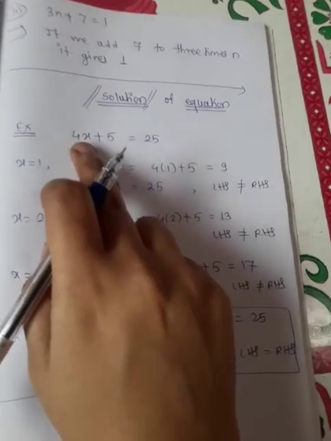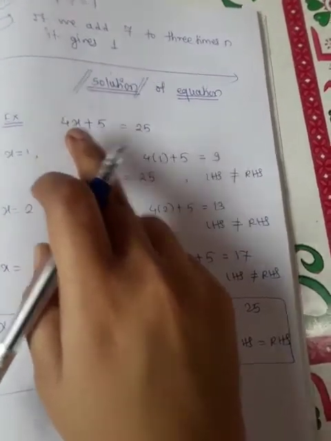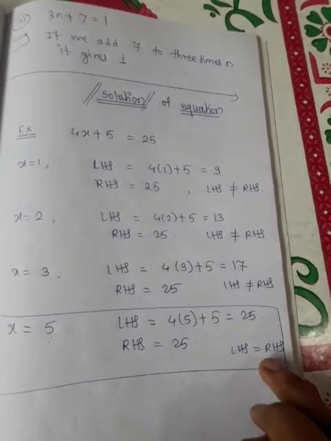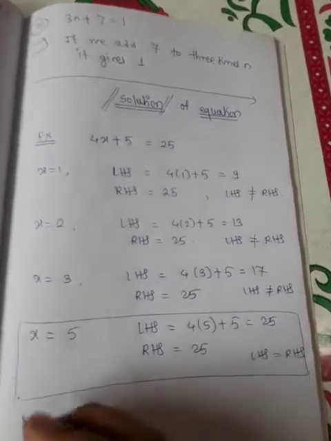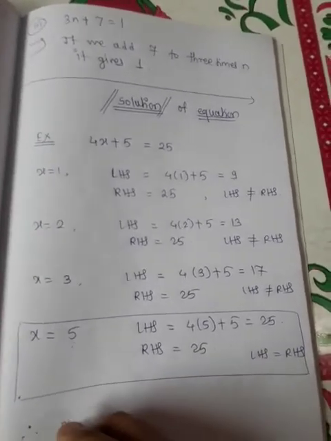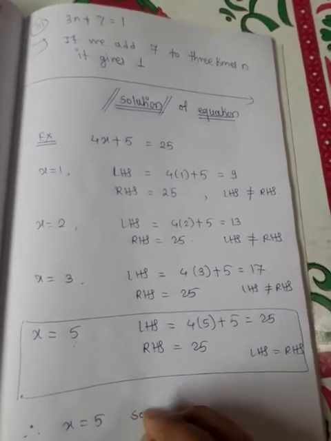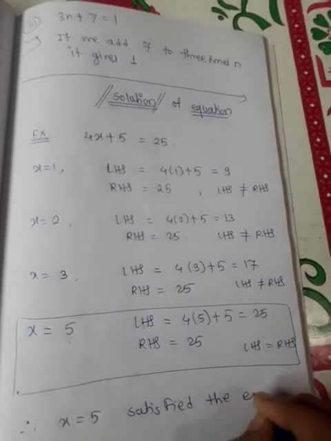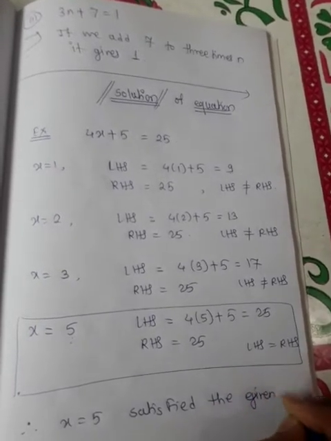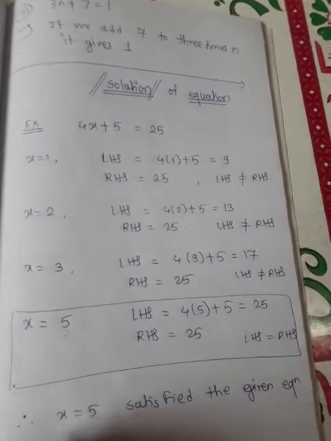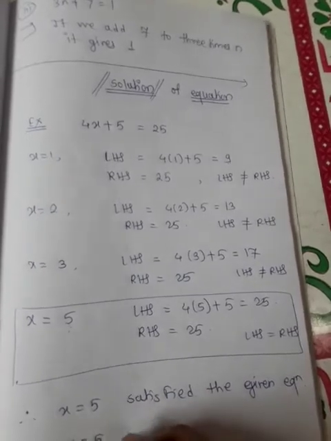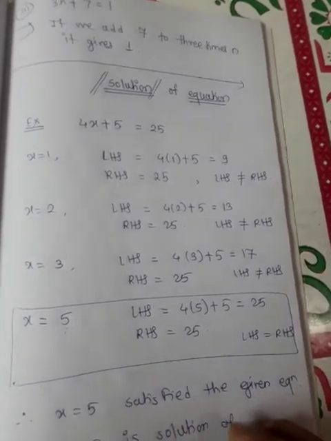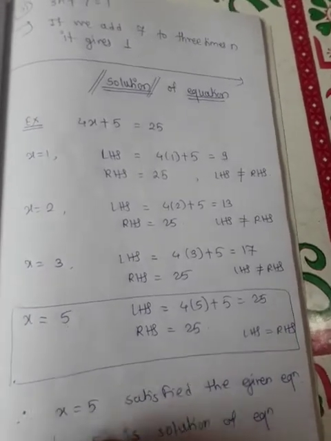If we put x equal to 5 in this equation, we get LHS equal to RHS. So therefore x equal to 5 satisfies the given equation, and therefore x equal to 5 is a solution of the given equation.